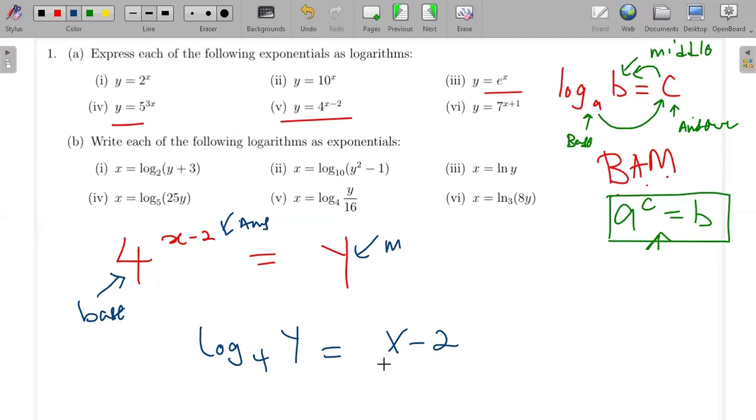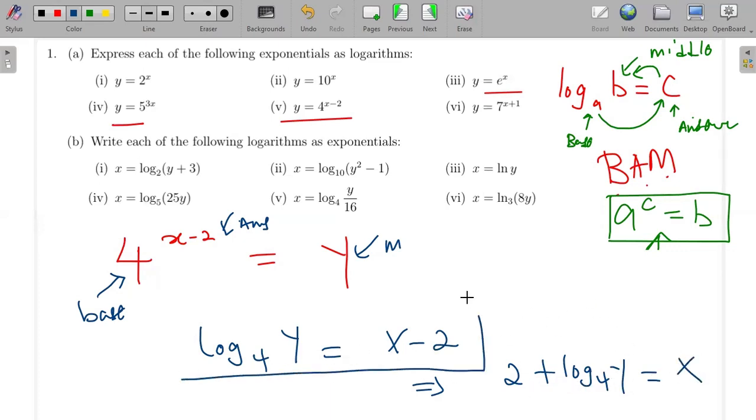Any questions there? If you want, you can write it as 2 plus log base 4 of y is equal to x. So you can write it as this, or you can just leave it the way it is here. Any problems there converting from exponentials to logarithms? It's very simple, right?